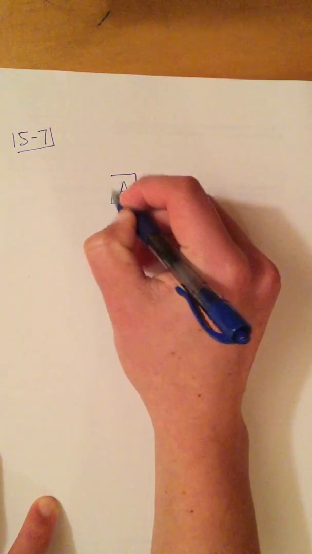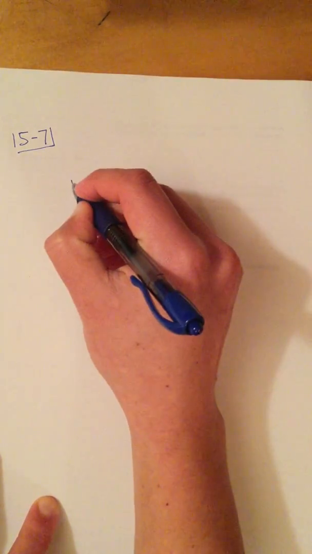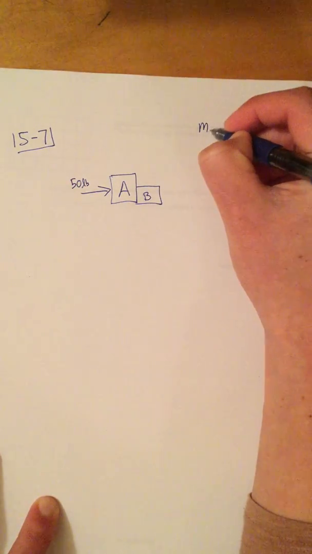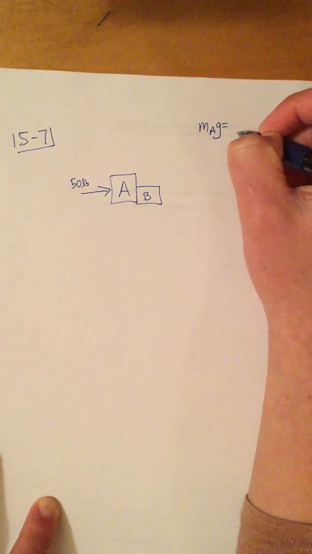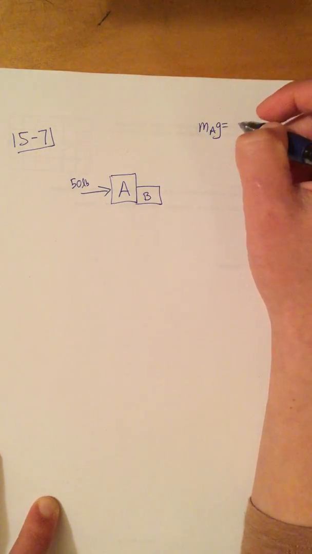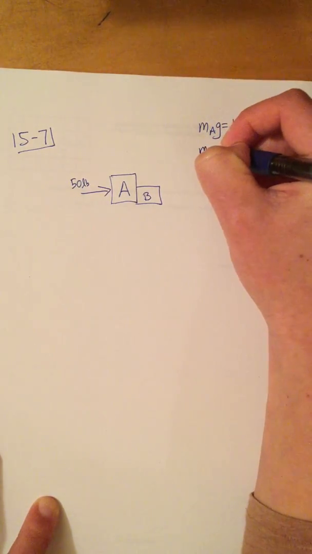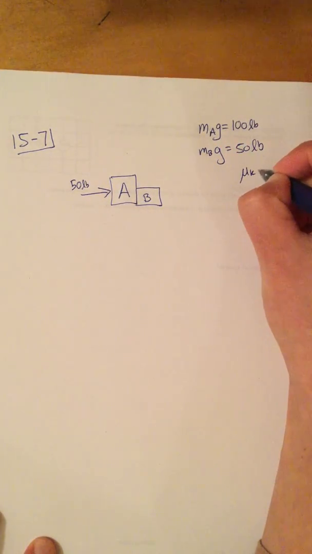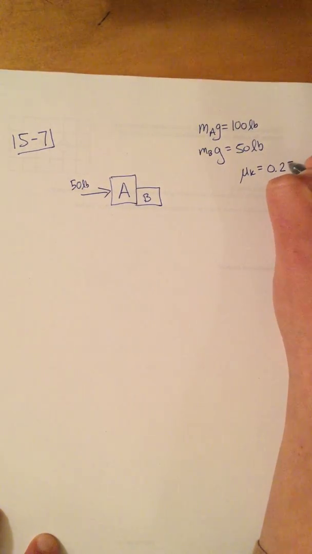We have crate A, we have crate B, we have the 50-pound force acting on crate A. The mass times G of crate A is 100 pounds. The mass of crate B times G is 50 pounds. The coefficient of kinetic friction is 0.25.